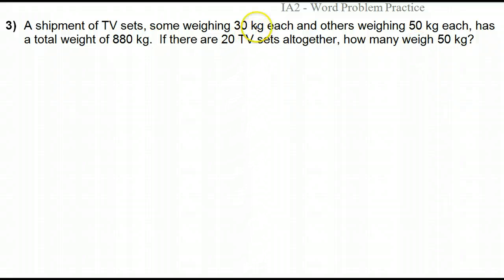Okay, so there's two different kinds of TV set, and we're talking about how many. So the variables should be like this. I'm going to let X be the number of, let's see, what do they say first? 30 kilogram TVs.